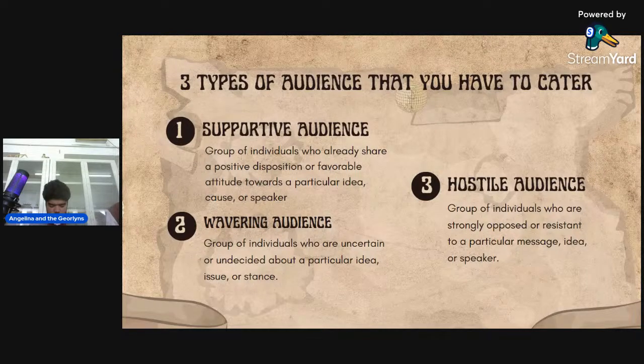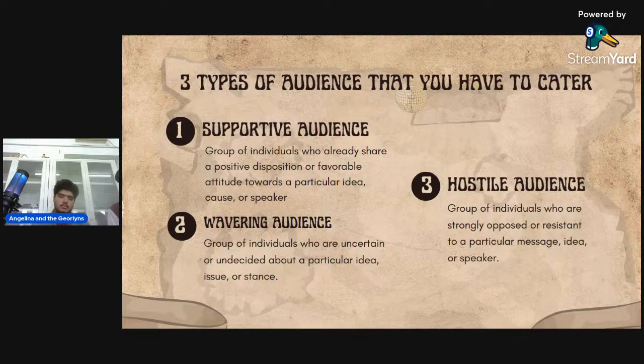So what you can do is to create a nice environment for you and the audience. Break the ice, maybe like adding some humorous jokes or something that can help them relate, or something that can make them, you know, feel at ease.